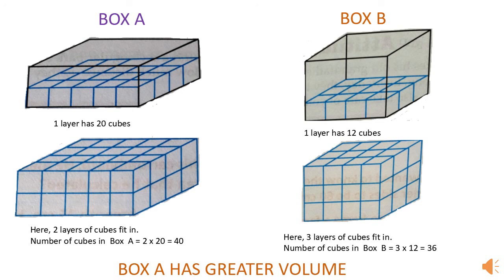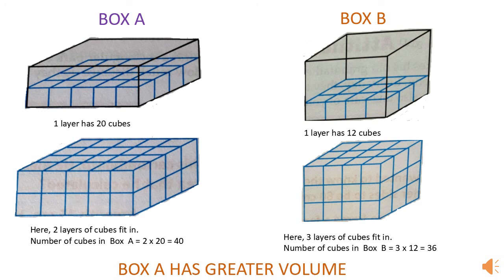Now let us compare the volume of box A and box B. Box A is having more length, whereas box B is having greater height compared to box A. Okay. Now we will place unit cubes into box A and box B and see which box has the greater number of unit cubes. Now in first box, that is box A, in first layer 20 cubes are shown.